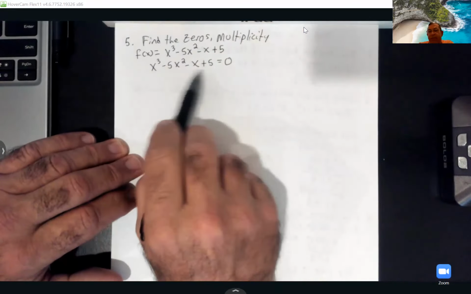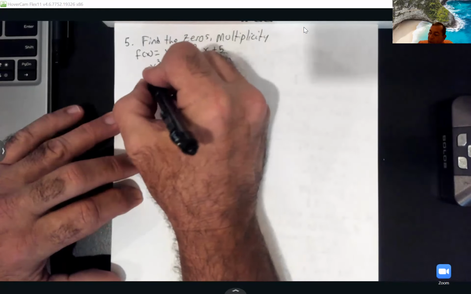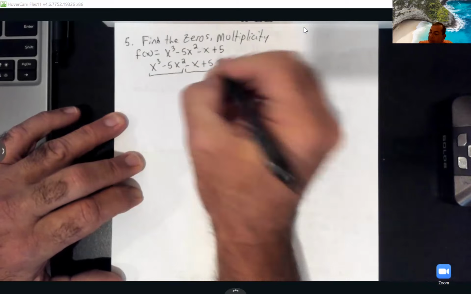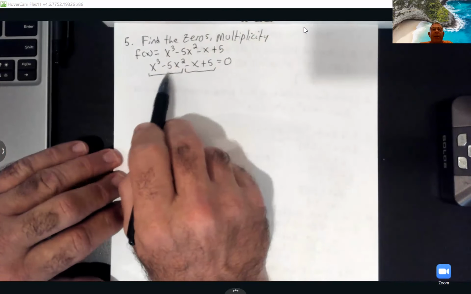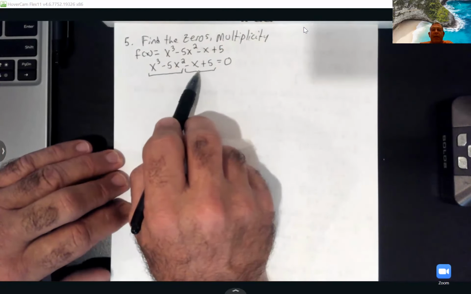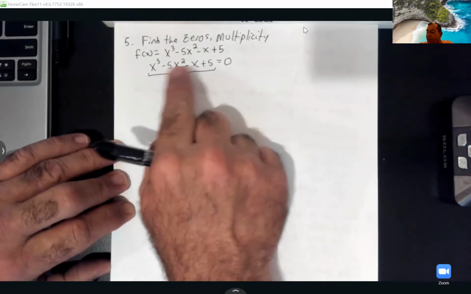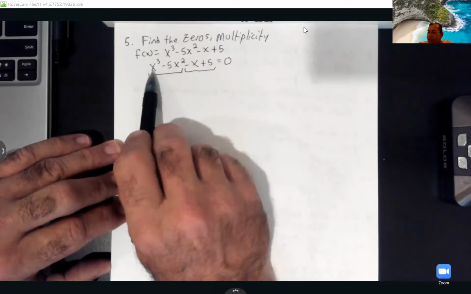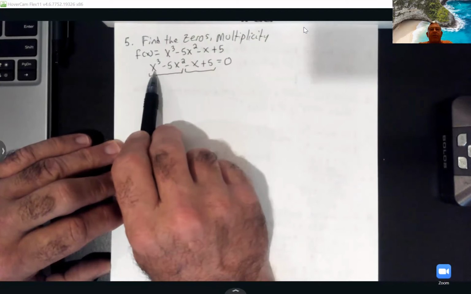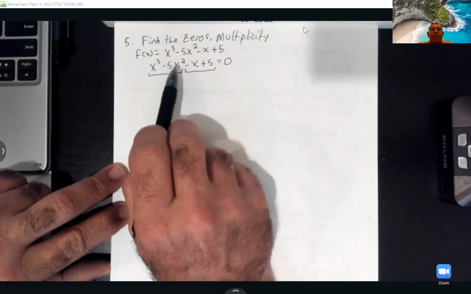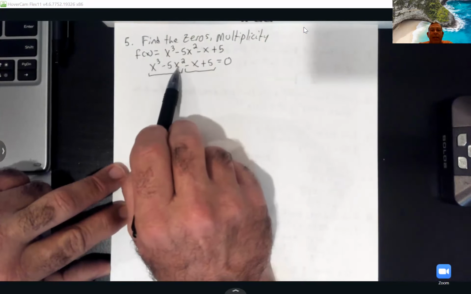So to factor these 4-term polynomials, that's the ones where we did the grouping. I grouped my first 2 terms together and my last 2 terms together. And we're going to factor out the greatest common factor from each of these 2 sets. So the first 2 terms got an x cubed and a 5x squared. The greatest common factor between these 2 is the x squared.